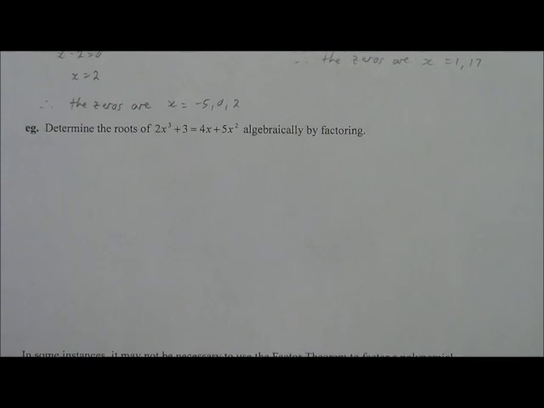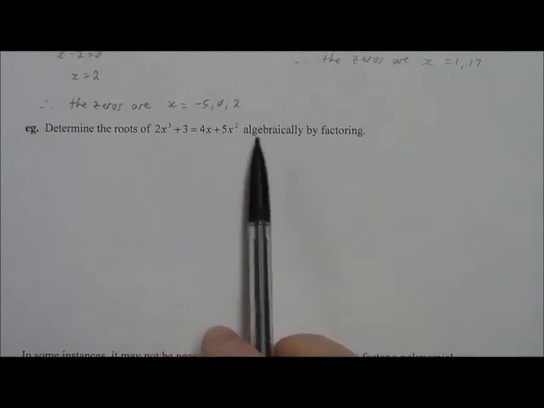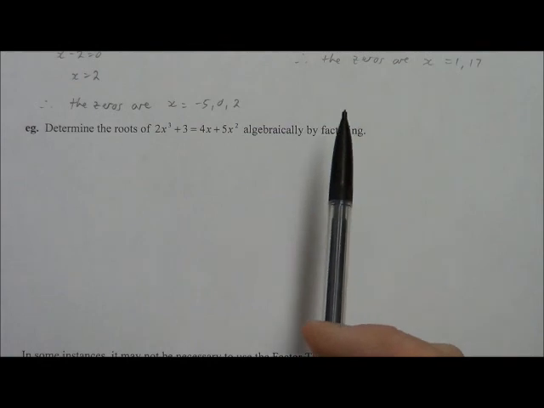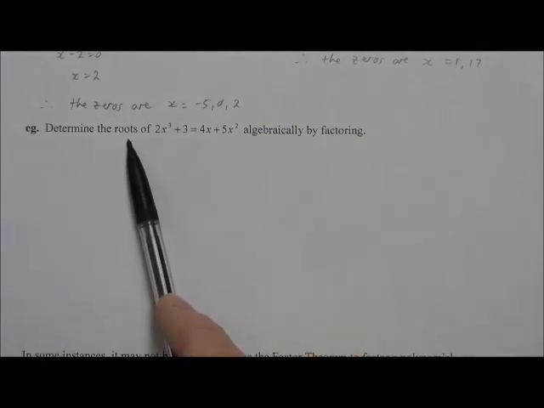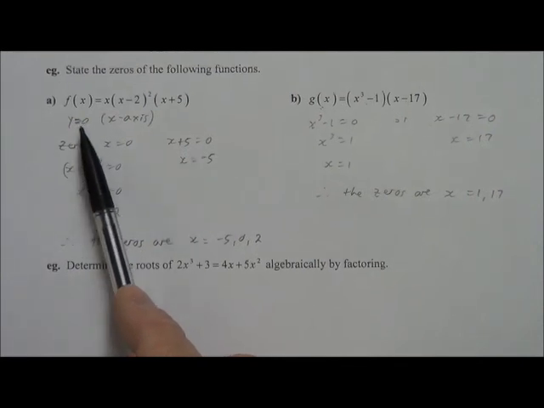Now we go to determining the roots of this equation algebraically by factoring. So first thing we want to do, because we're trying to find the roots, that means we're trying to find the zeros, or the possible zeros. And so we saw in this first example that the zeros occur when y equals 0, because that occurs at the x-axis.